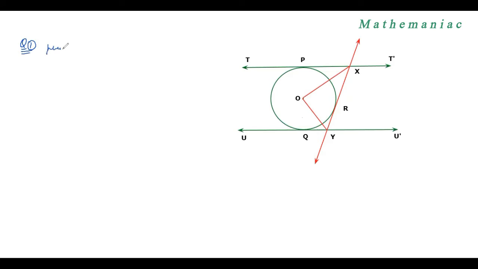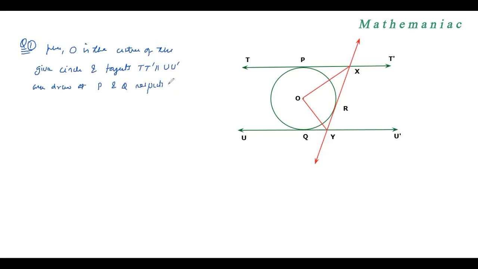Here, O is the center of the given circle, and tangents TT dash parallel to UU dash are drawn at P and Q respectively to the circle. So we have drawn this.